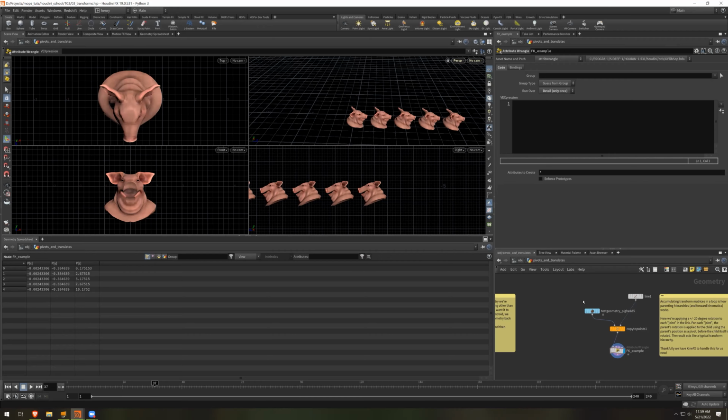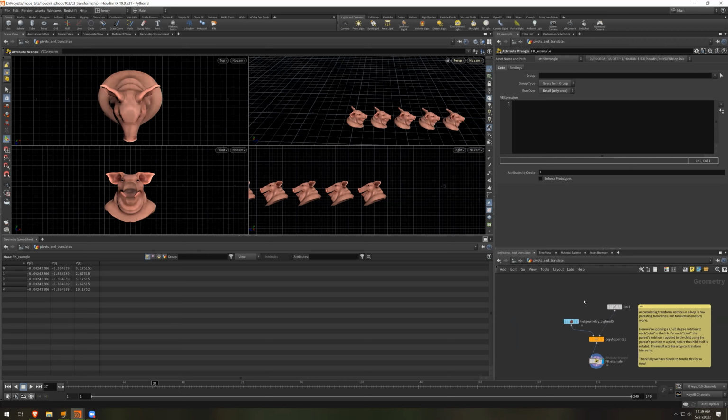Forward kinematics is a series of transforms. And this also applies to a typical object hierarchy, like if you're in the OBJ context in Houdini, or if you're looking at something like the outliner in Maya or whatever the equivalent is in C4D, where you have a tree view where objects have parents and children. The concept behind it is essentially accumulating transformation matrices from parent to child.